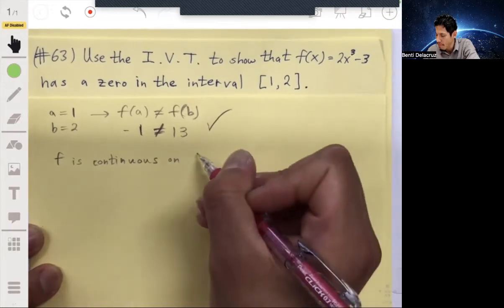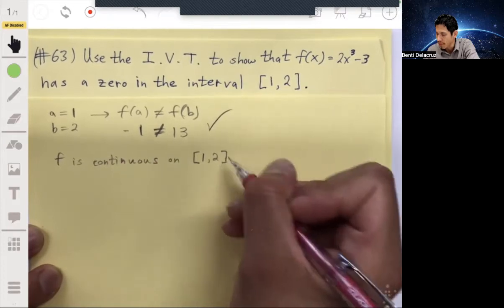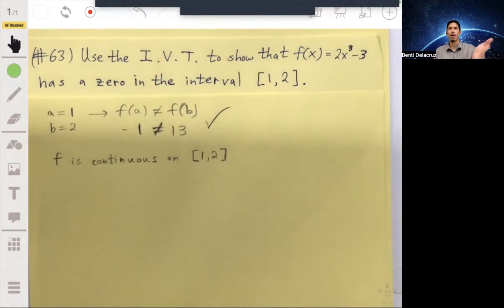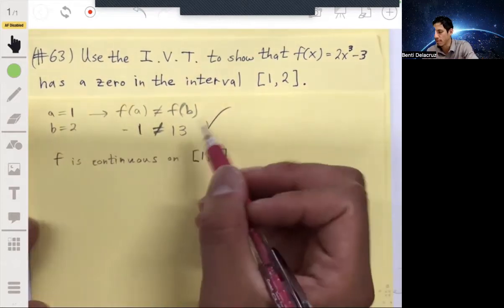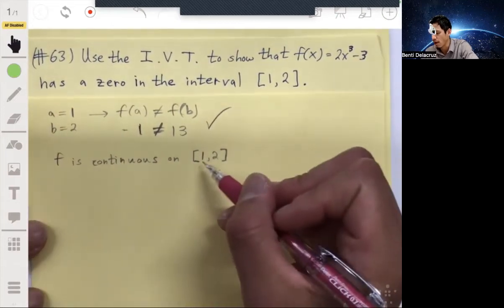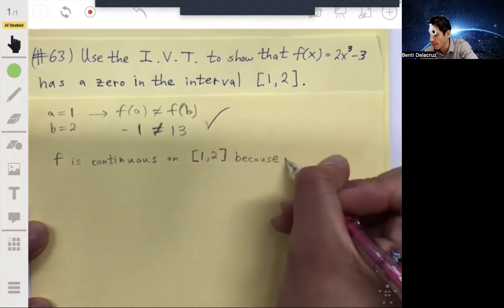Usually your teacher or professor will give you some defined functions and equations that are going to be continuous for the values in their domain. One of the types of functions that will be continuous are polynomials. And since this is a polynomial, we can then say f is continuous on the closed interval [1, 2], because it is a polynomial.